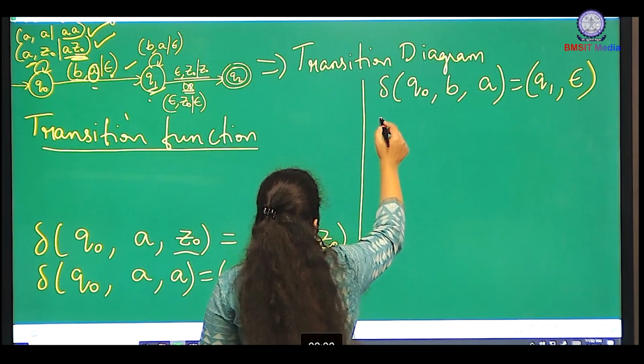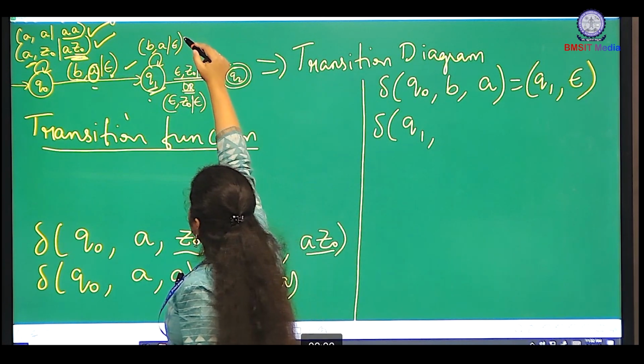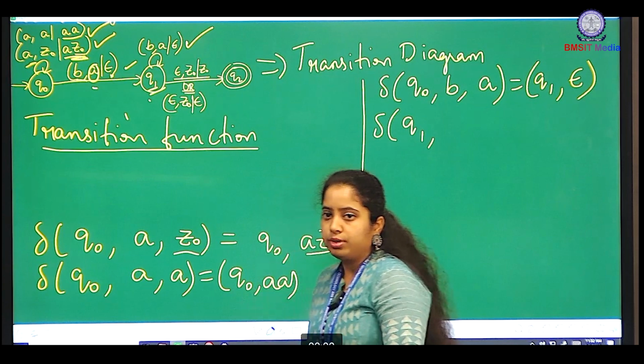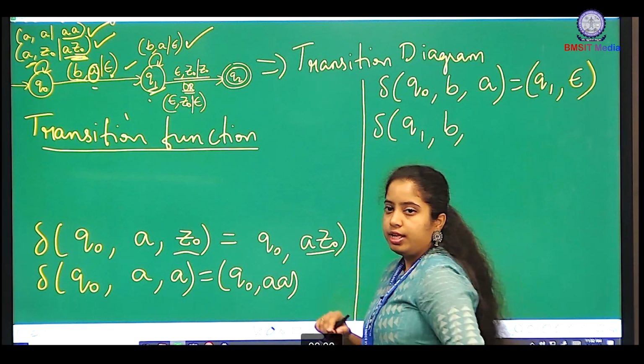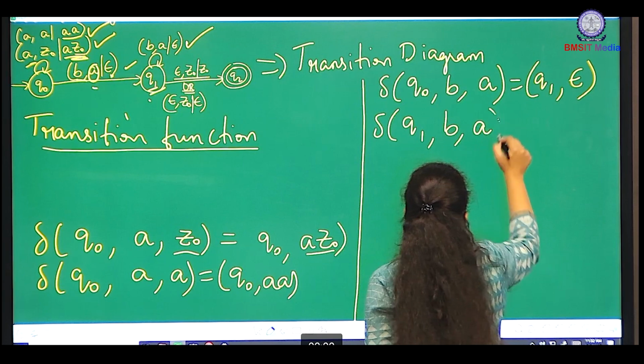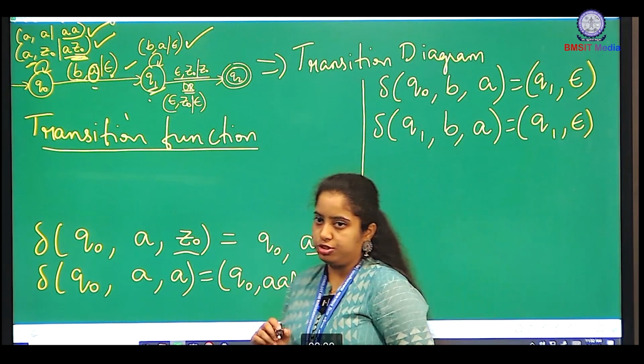Next you are in Q1 now, and we are writing this transition B comma A epsilon. B is the input symbol, A is the stack element, and you perform a pop operation.